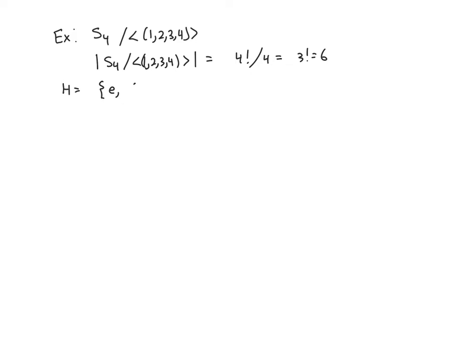H has the identity, the 4-cycle (1 2 3 4), the square of that cycle, which is (1 3)(2 4), and then the cube of that cycle, which is its inverse. All right, so I need 6 cosets, which means I need an element that's not in one of these first 4 permutations. Well, I guess we can take the permutation (1 2).